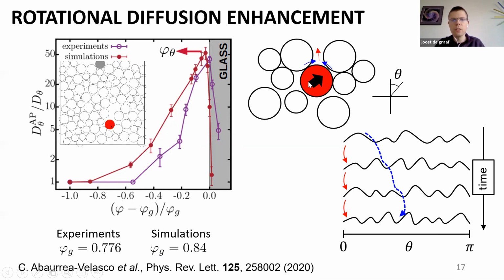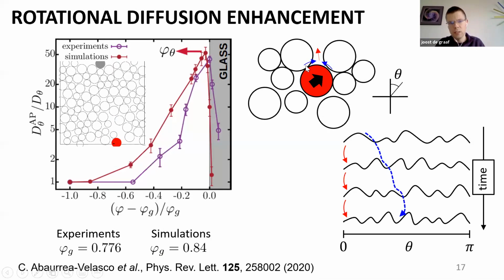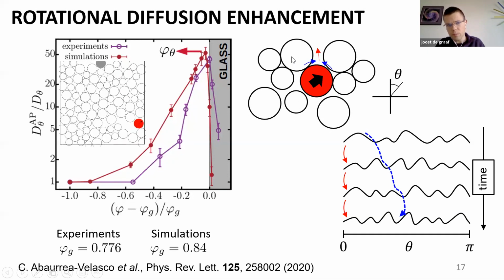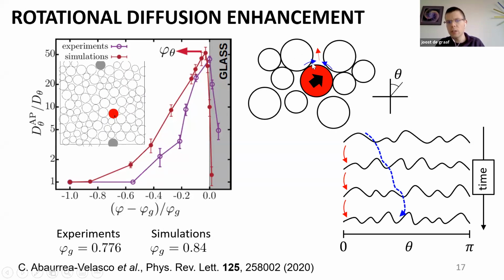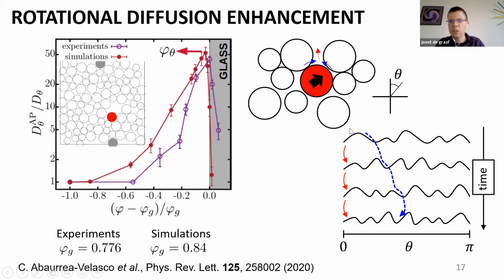And you should think of the rotational diffusion enhancement in this specific system as being caused by every probe particle seeing this cage structure, and whenever it contacts parts of the cage, it reorients, and then it finds the weakest spot in the cage.